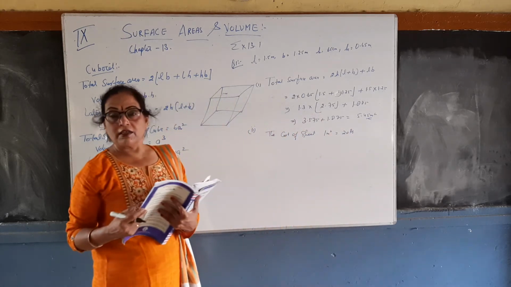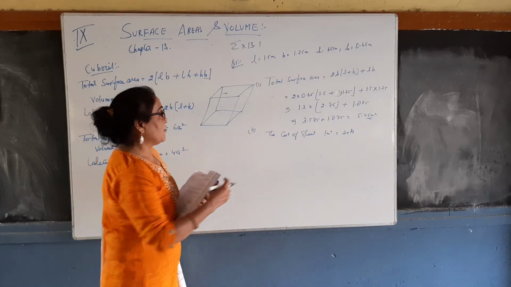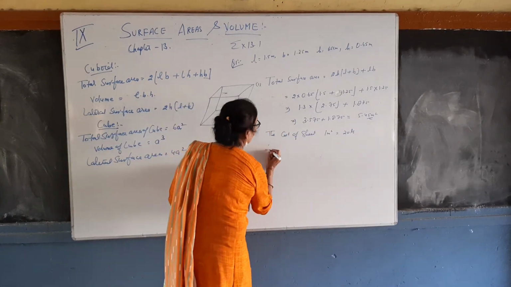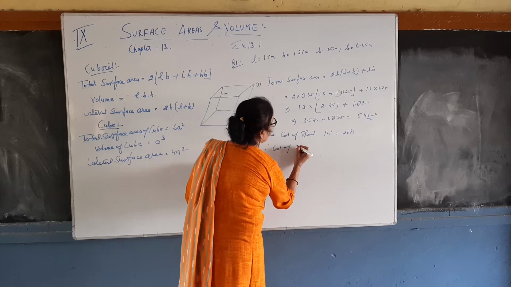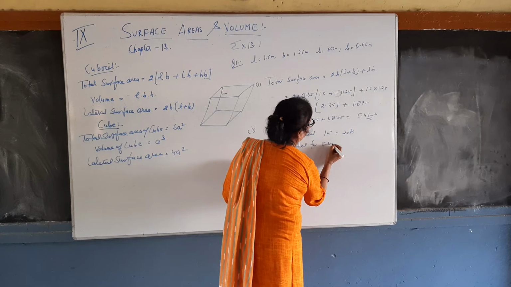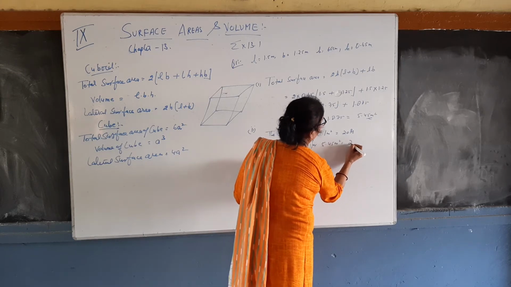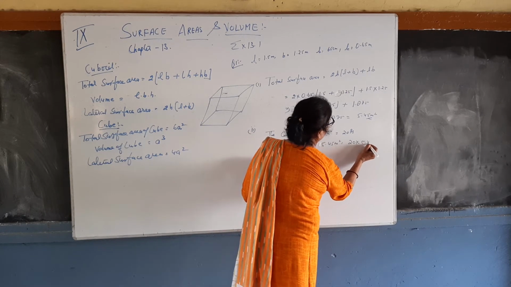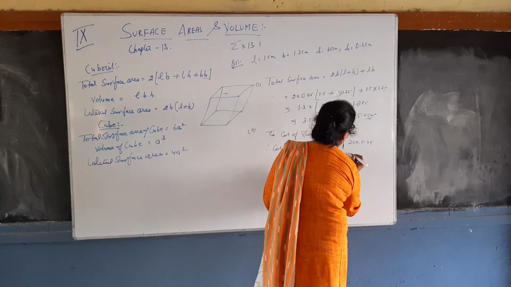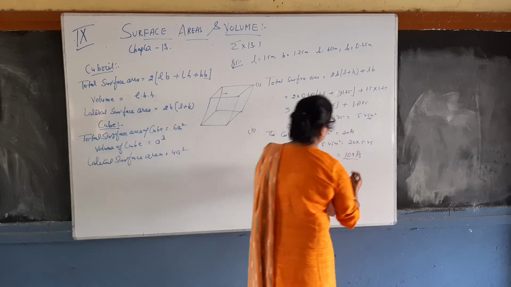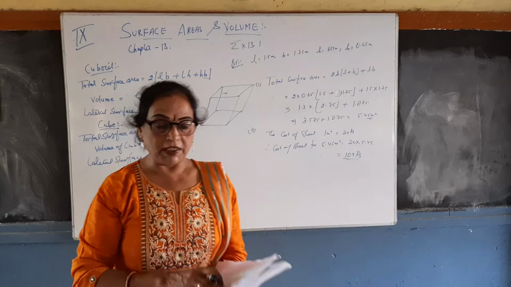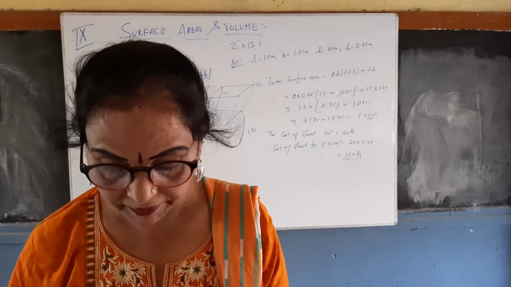Therefore, total area is 5.45 meters square. So the cost of the sheet for 5.45 meters square will be 20 into 5.45. If you multiply, it will be 109 rupees. So total 109 rupees will be required. So these two parts are given here. We will do the next question.